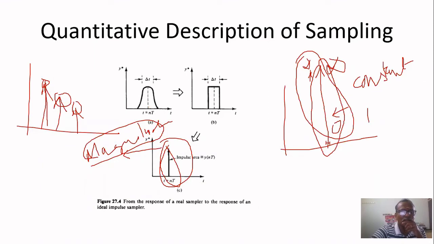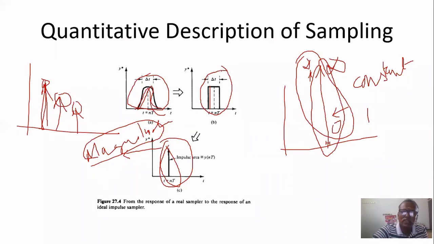That way we are seeing mathematically its width tends to 0, but practically it is not possible. So this is the practical impulse signal. If you take it as a rectangular pulse, even though it is not rectangular, because it's not possible to spike vertically, it will be a trapezoidal signal.